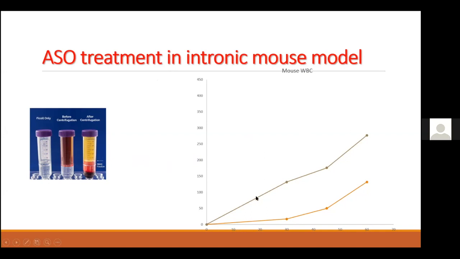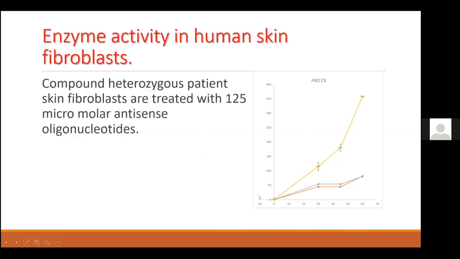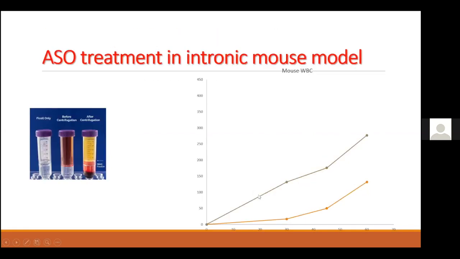This graph shows the samples that I tested. This activity belongs to compound heterozygous mice treated with the antisense oligonucleotide, and this one shows the control. As you see, treatment with the antisense oligonucleotide in 2 months actually increased the enzyme activity.